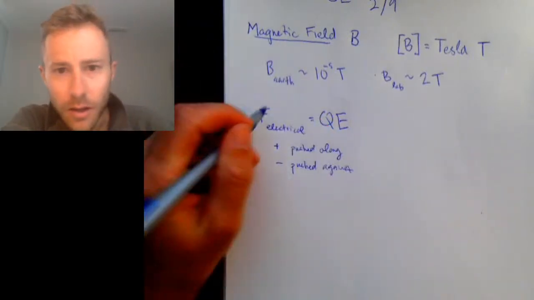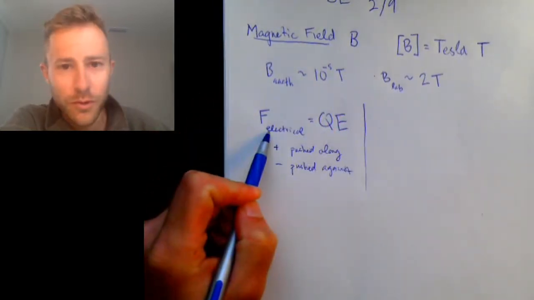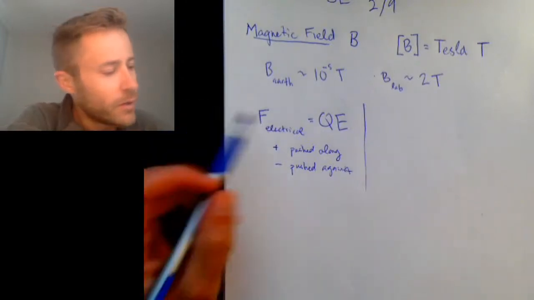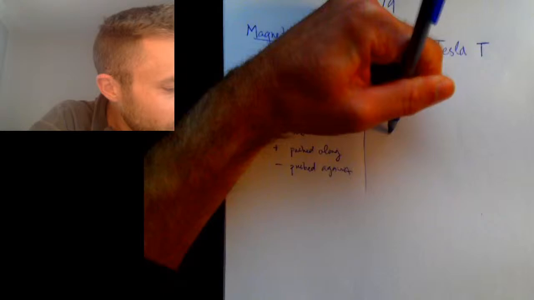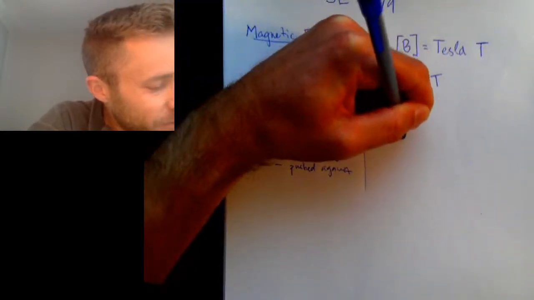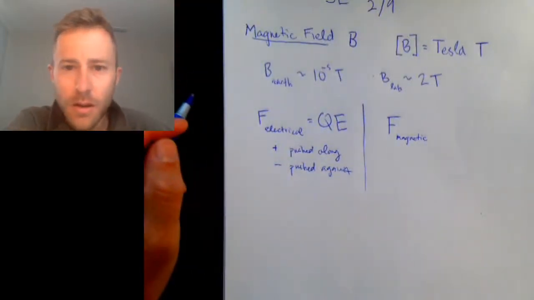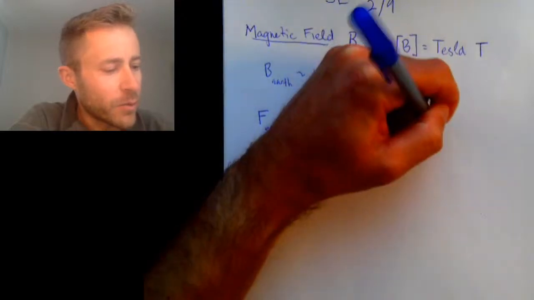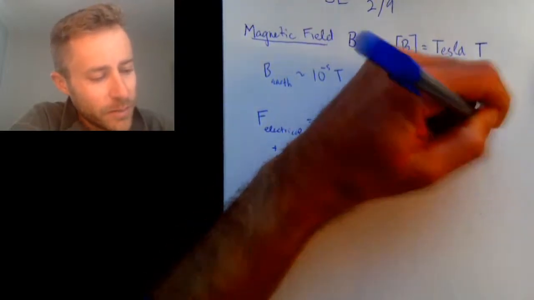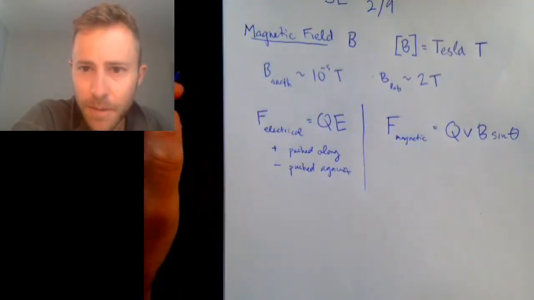Okay? Now, just like there is a law for how the electrical force relates to the strength of the electric field, there's also a magnetic force law. And the magnetic force law is QVB sine of theta. Okay?